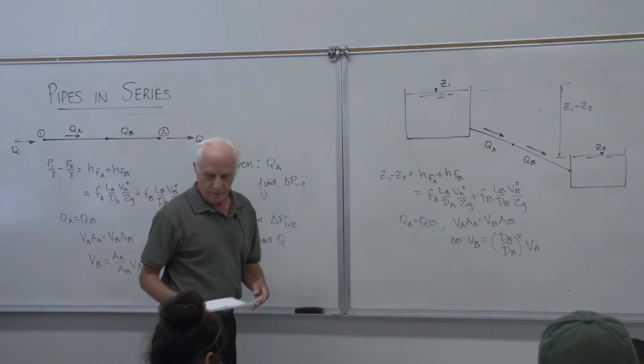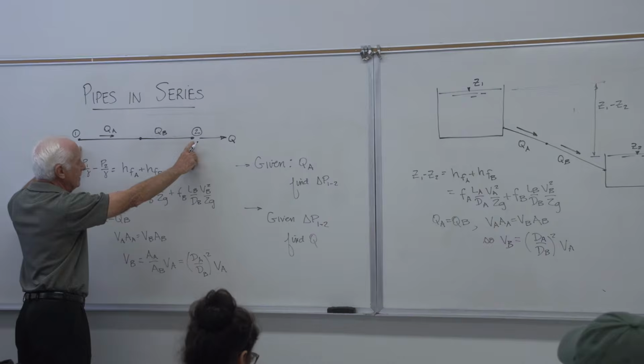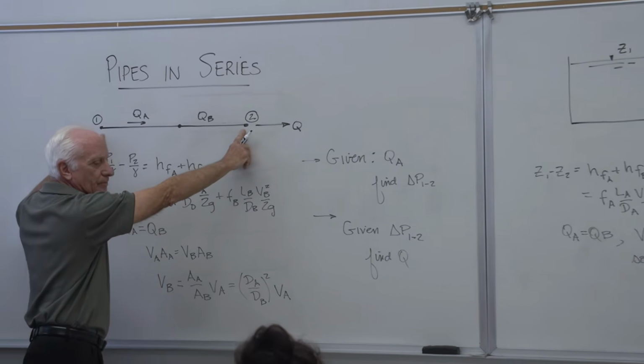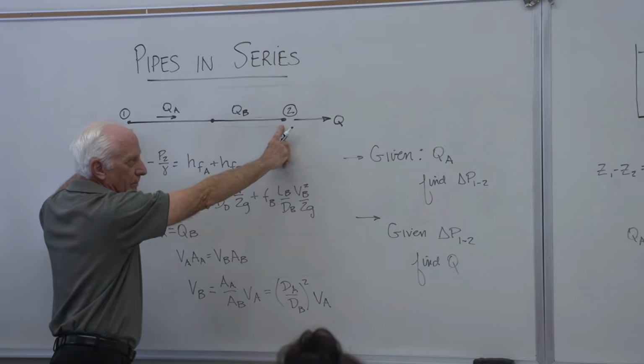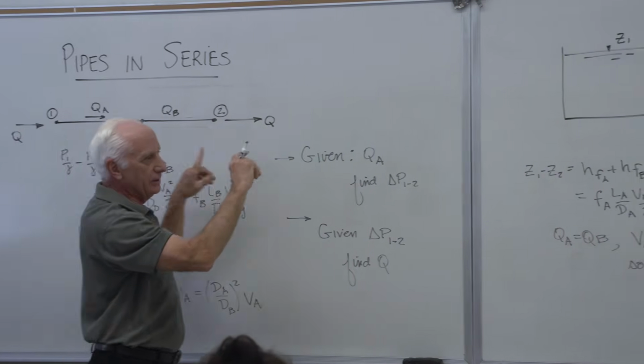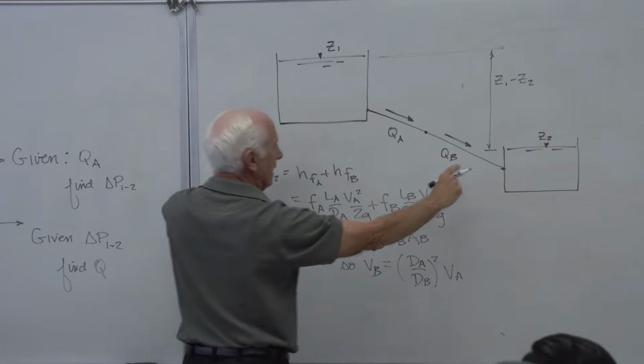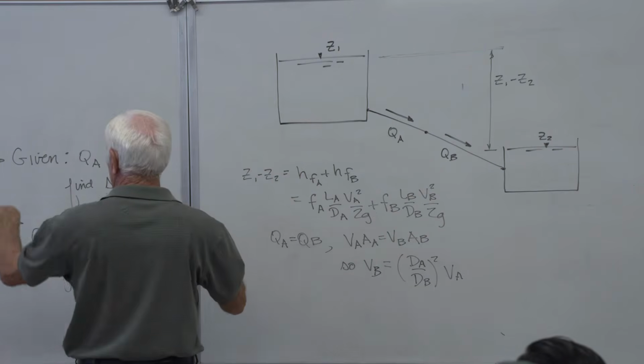They're very similar. In one case, you've got pressures given at 2 points, so there might be a pressure gauge at 1 and 2, and you can be given delta P and asked to find the flow rate Q. Here, you could be given the difference in the elevation of two reservoirs and asked to find Q. So again, same thing.